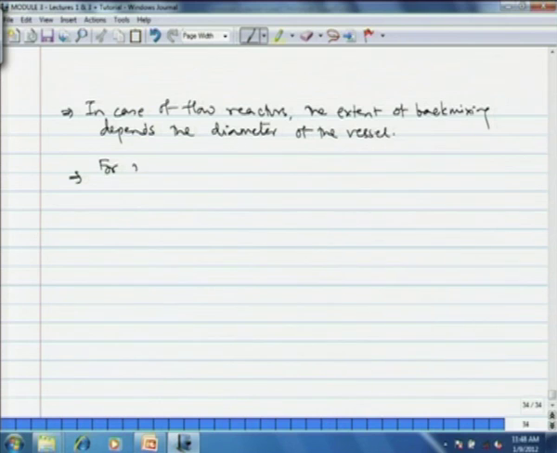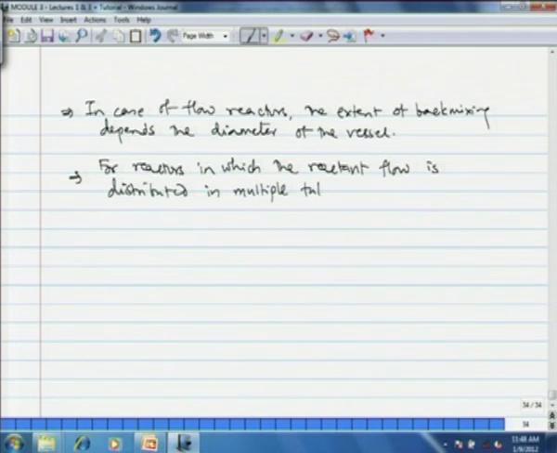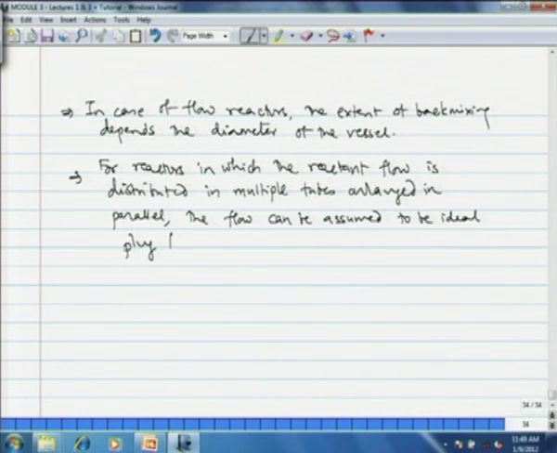For reactors in which the reactant flow is distributed in multiple tubes arranged in parallel, the flow can be assumed to be ideal plug flow, as back mixing is small.